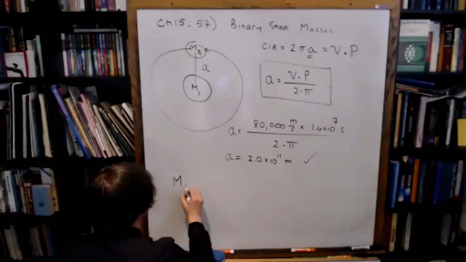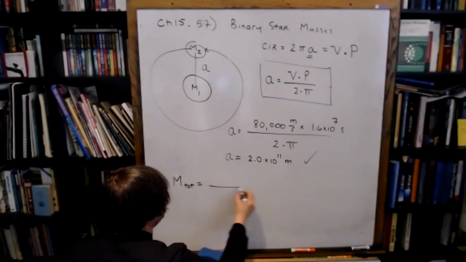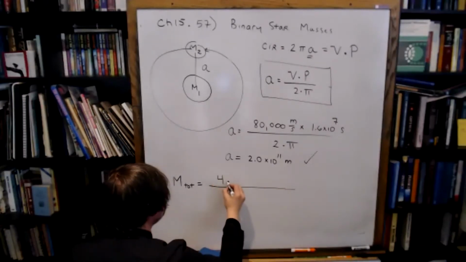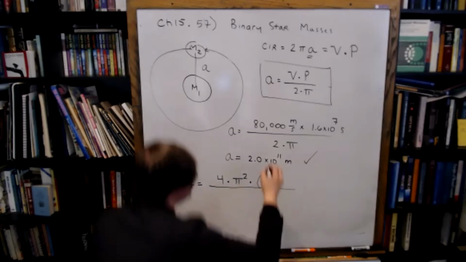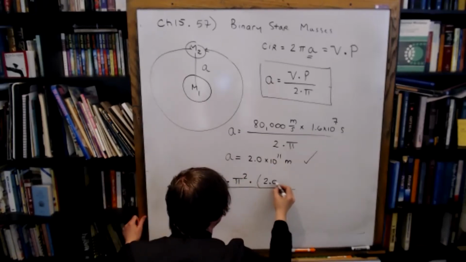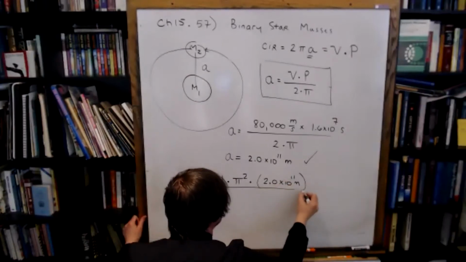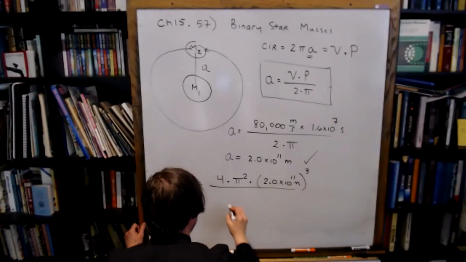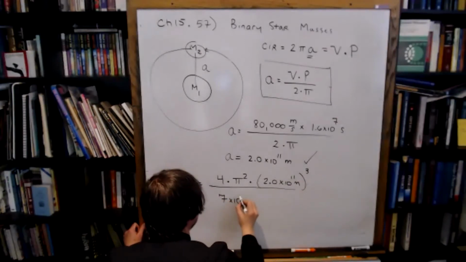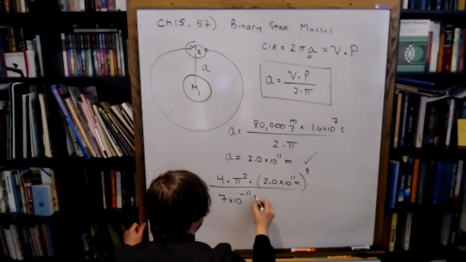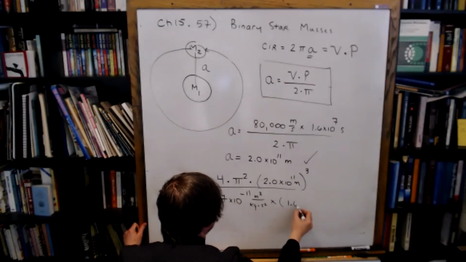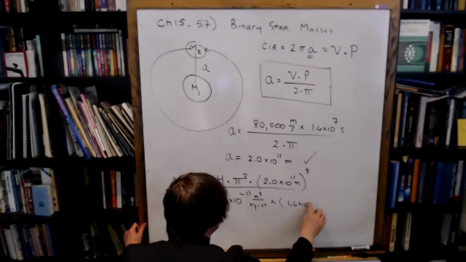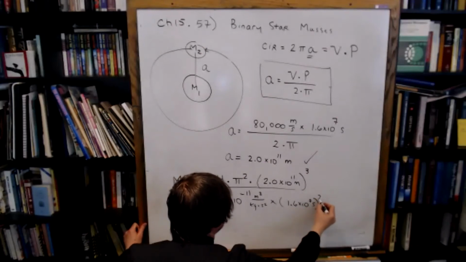The big boy formula: 4 times pi squared times 2.0 times 10 to the 11 meters cubed over big G, 7 times 10 to the minus 11 meters cubed per kilogram per second squared, times the period, 1.6 times 10 to the 7 seconds squared.